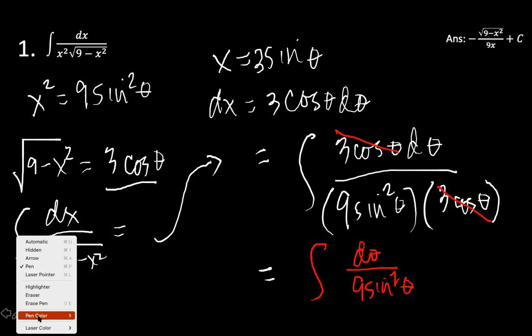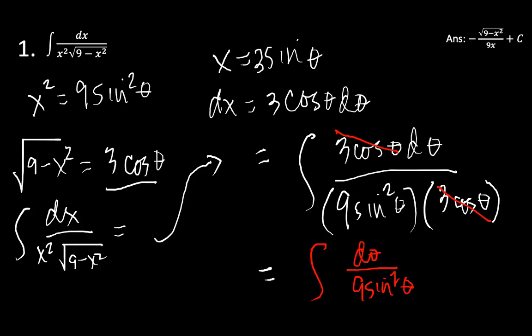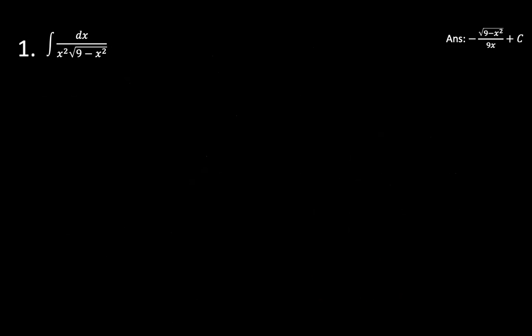Okay, so this is now our next problem to solve. So let's copy. We have the integral of 9 sine squared theta with respect to theta.